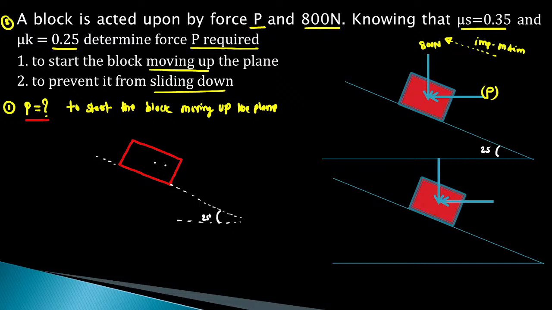Then at this point we have one horizontal force which is the P, which is to be determined. Then there is a vertical force. So, this 800 Newton is the self weight of this block. Then there will be normal reaction which is exactly perpendicular to the inclined plane. So, this is normal reaction.